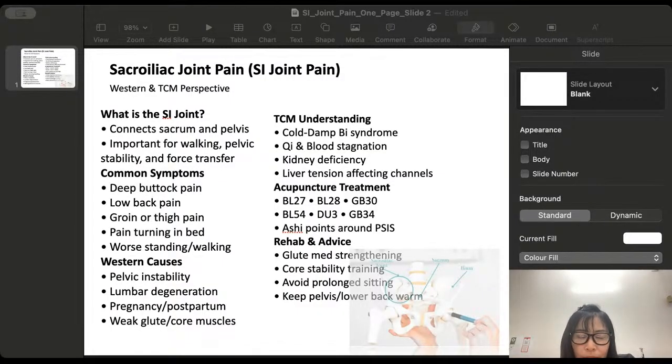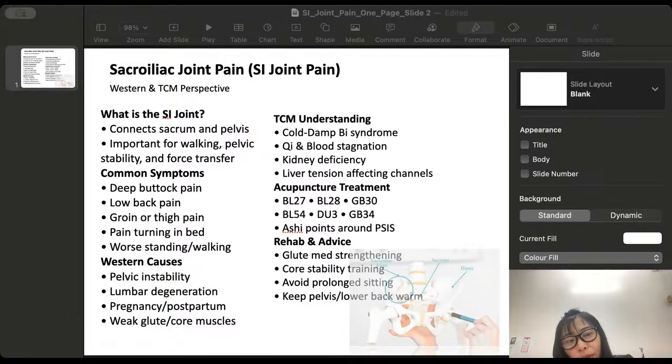That will be enough to help with acute stage SI joint pain. In the acute stage, the results usually show very fast because you just had it and the pain hasn't been there for too long. We are able to resolve it faster. That's why one of my suggestions is to come for treatment as early as possible. Do not wait until it takes too long.